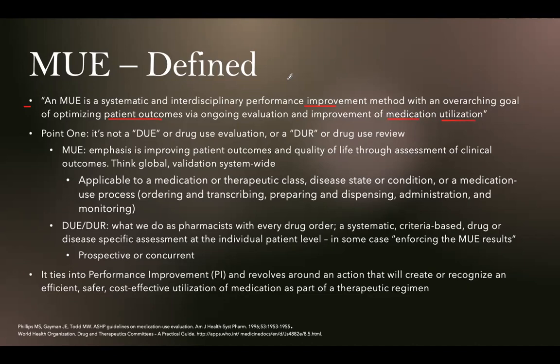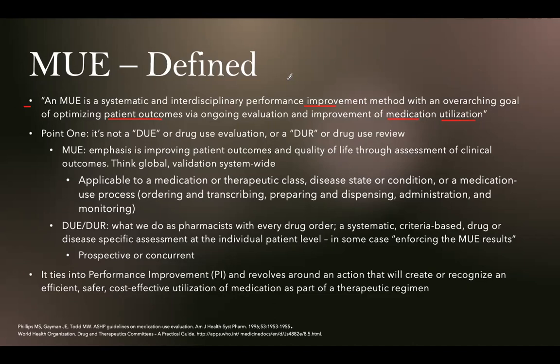Maybe we're going to go back in and review how well prescribers initially ordered enoxaparin prophylactic or therapeutic treatment doses in patients admitted to the hospital. How many times was their initial dosing appropriate? Of those that weren't appropriate, how many times did the pharmacist catch it and make the intervention?